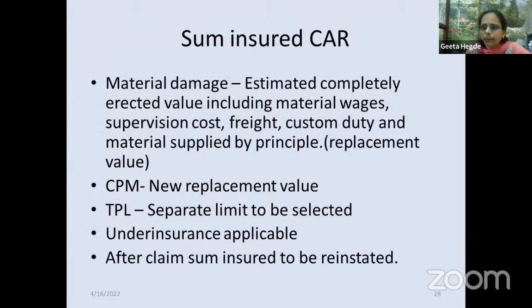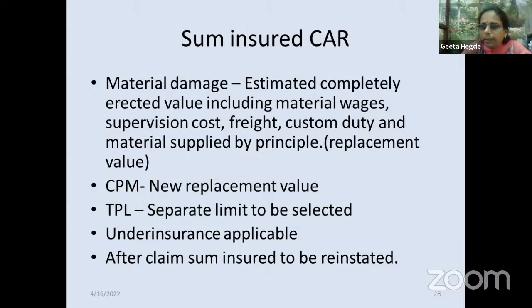Now sum insured: estimated completely erected value, including material, wages, supervision cost, freight, custom duty, and material supplied by principal. Sometimes the contract is given, but some part of the material can be supplied by the principal also. The labor or the contract price will be constant, but the material the insured has to purchase may be less because some part of the material has been provided.